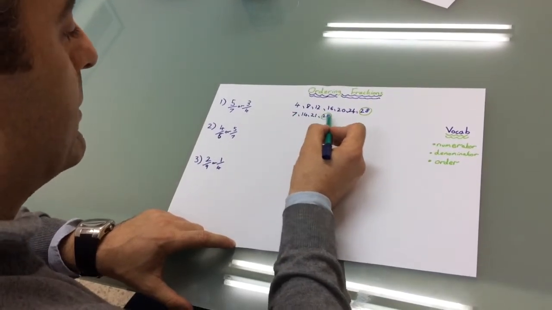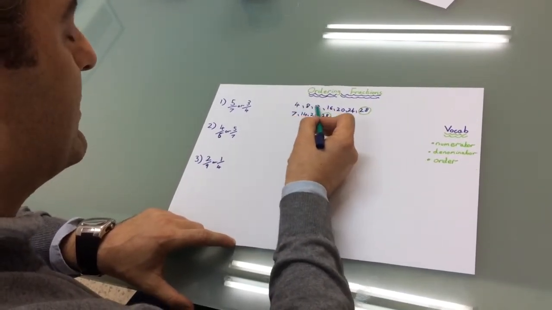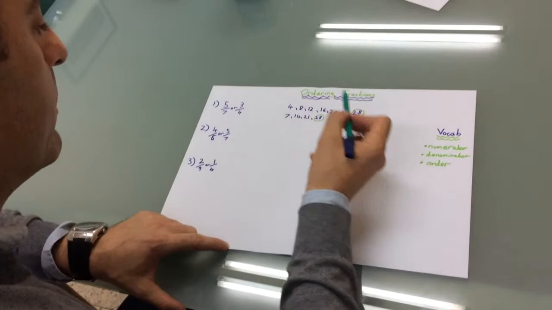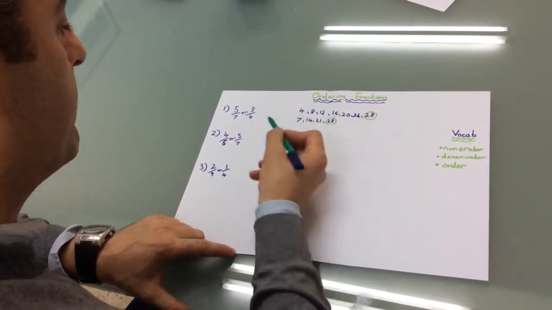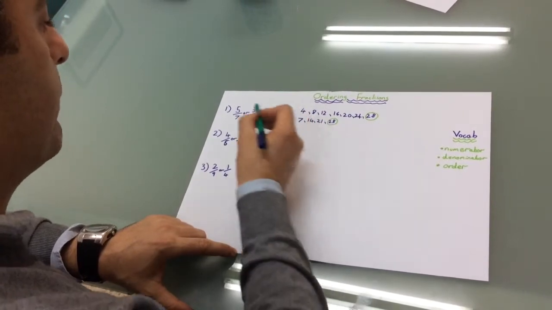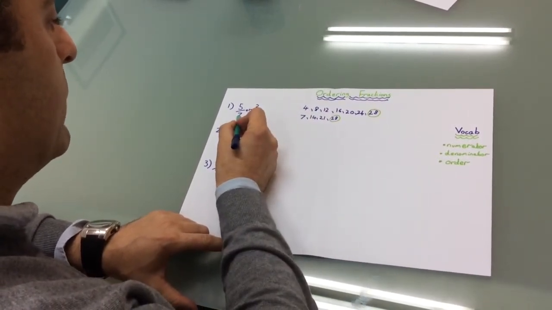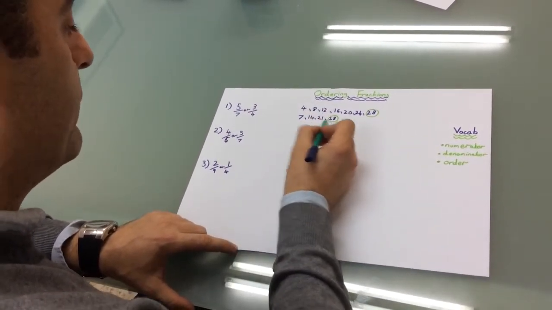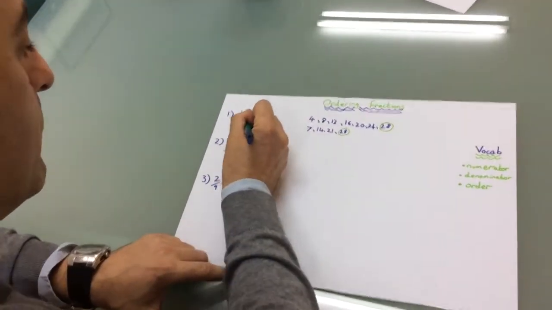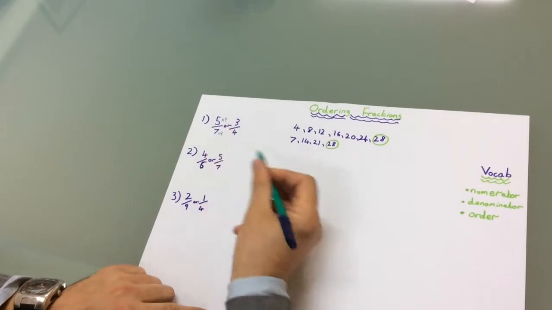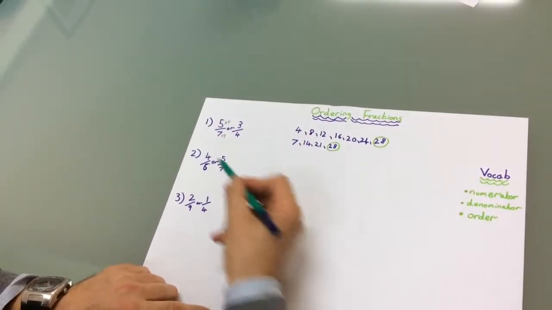As we do the 7 times table, we can see it's 28, and exactly what the 4 is, 28. So we need to find an equivalent fraction with that denominator. If the denominator is 7, we are going to multiply by 4 to get to 28. And we'll do the same to the numerator, because whatever we do to the top, we do to the bottom, and the other way around.